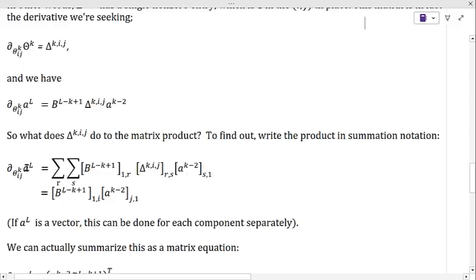Now, I did this when AL is a number. If AL is a vector, you can do this for each component separately.